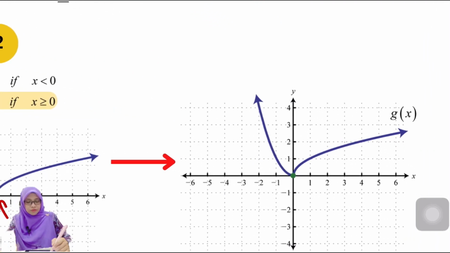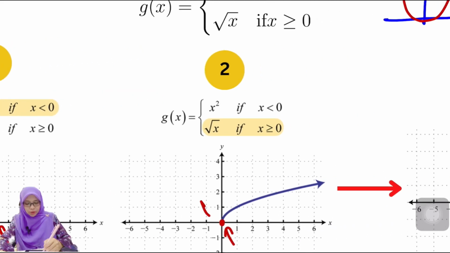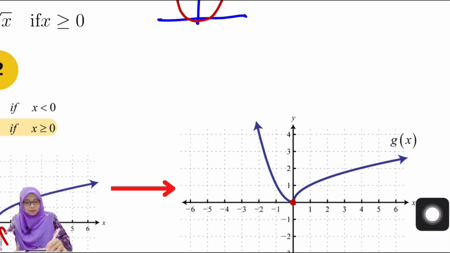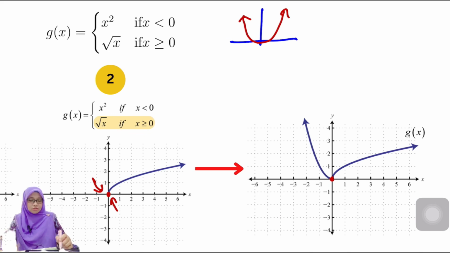Even though on the first equation our value at x equals 0 is a hole, when it is combined with the dot, in the end it will be a dot here. So this is how the graph of the function g(x) looks like when you combine the two equations.